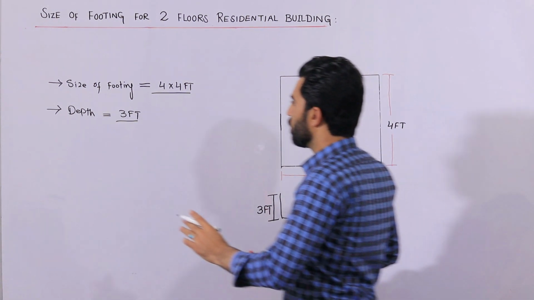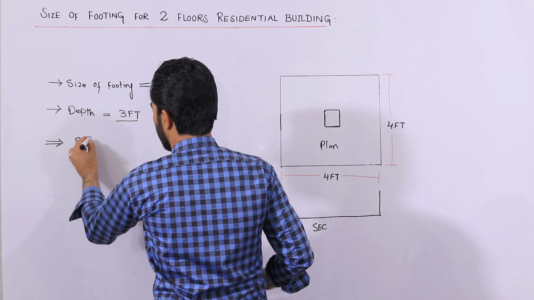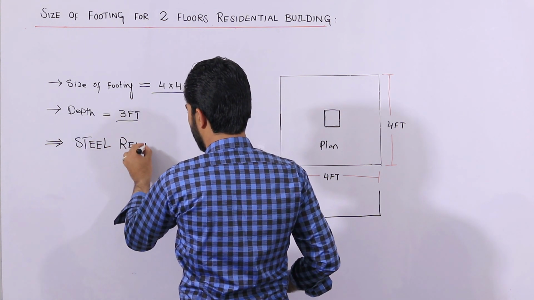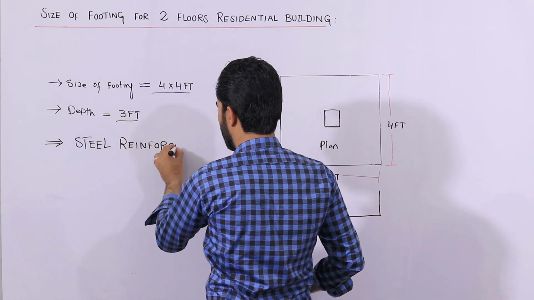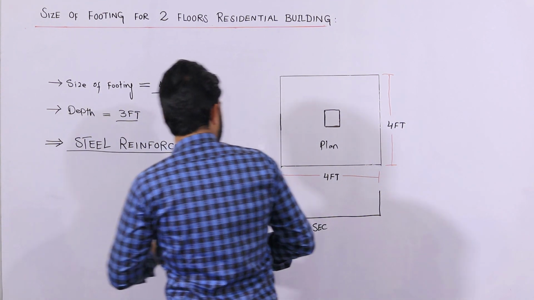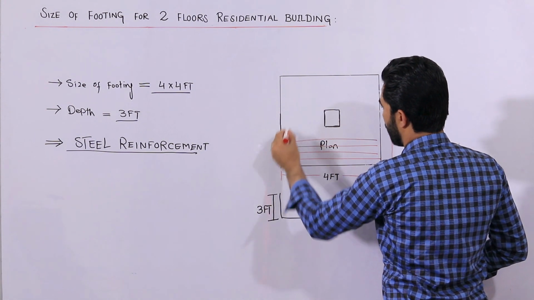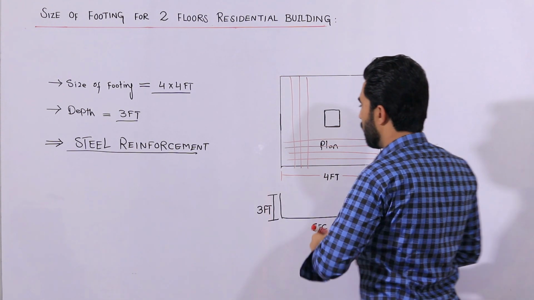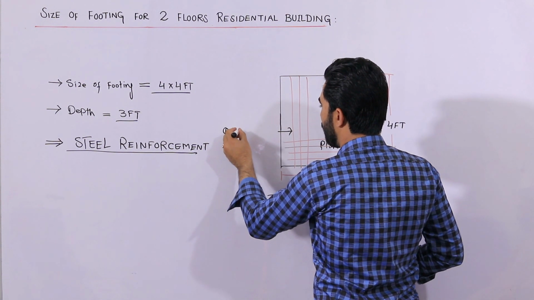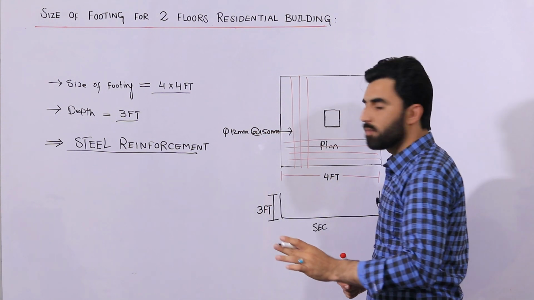Now guys, I will guide you on steel reinforcement. Inside this, when you are providing the steel reinforcement like this, main bars and distribution bars, remember the diameter of each bar should not be less than 12 mm with the spacing of 150 mm for both sides.